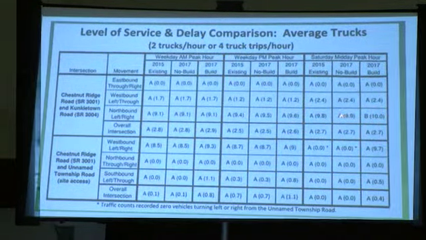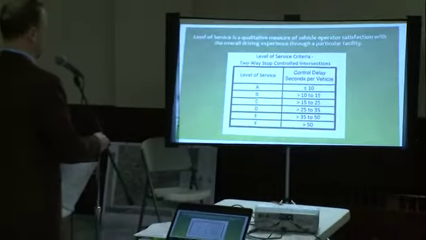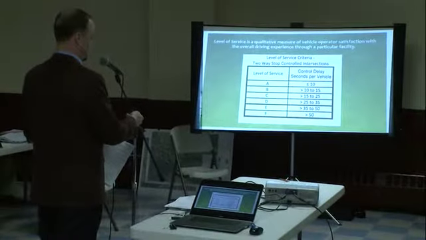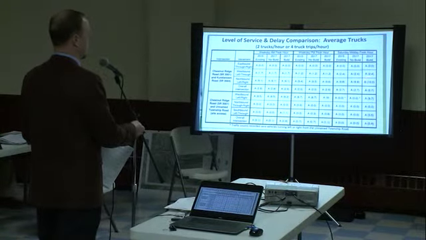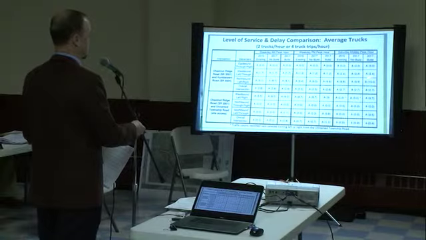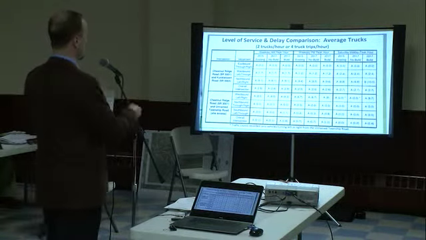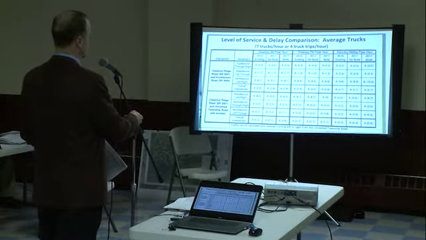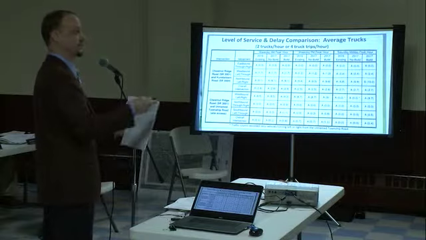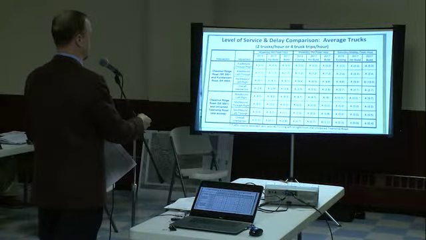And that's just because, as you can see on the previous table here, when you go over 10 seconds, it goes from an A to a B. So it's very close to a B. Adding the small amount of truck traffic made it go over to a B. So this was for 2 trucks an hour, also 2 trucks an hour going to the site, but the trucks have to go to the site and leave the site. So it's 4 trips here.